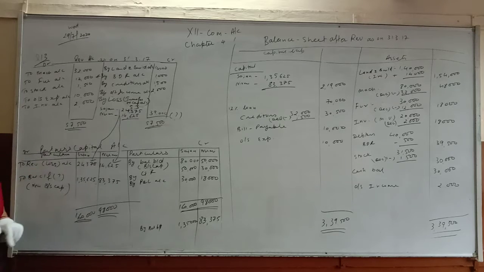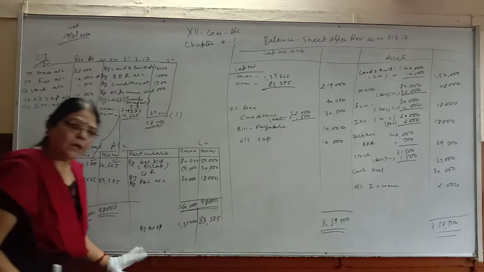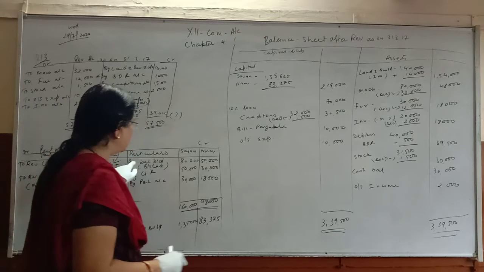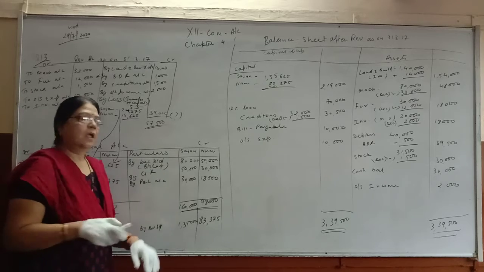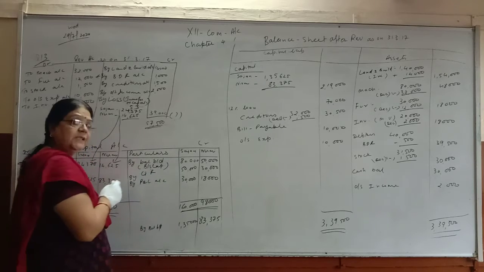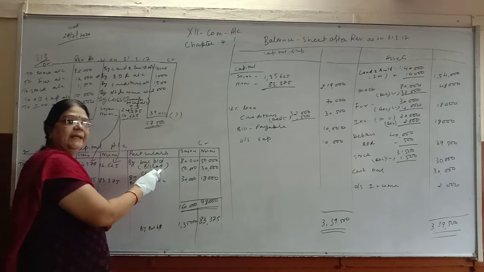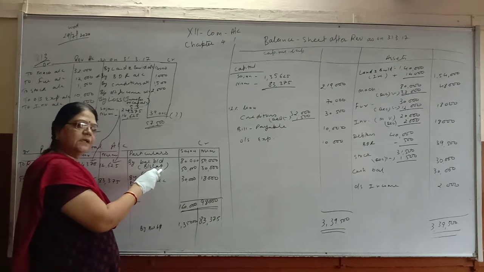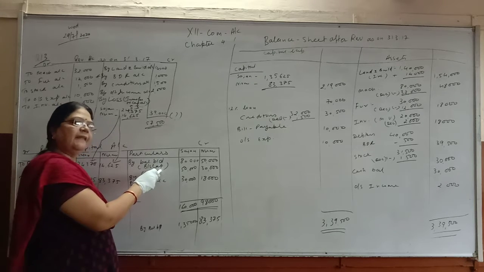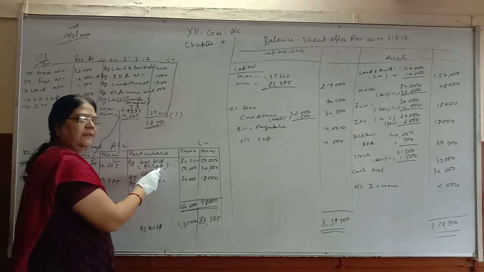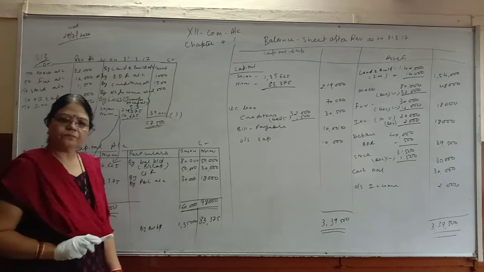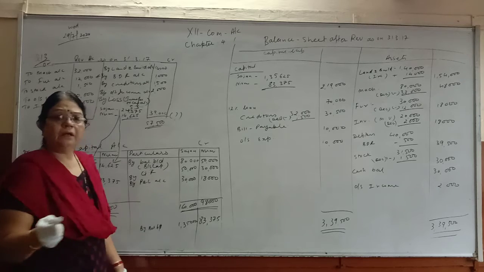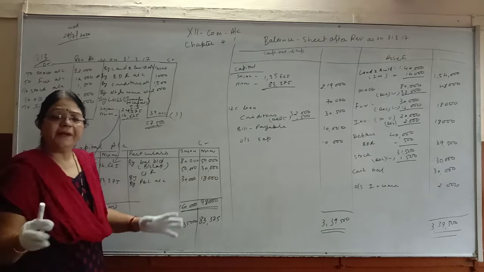Now the partners' capital account. In the partners' capital account, we will first write by balance brought down, always. By balance brought down means what? The balance sheet capital. The balance sheet is given to you, and in that, capital is also given. That capital you will write, 80,000 and 50,000. Then, as we have done, reserves and profit are to be distributed.